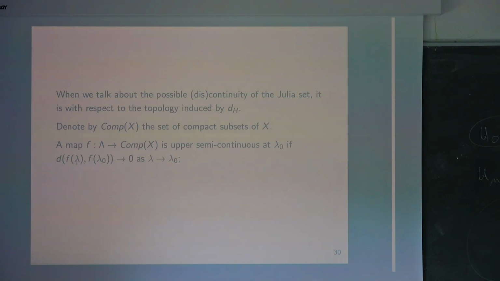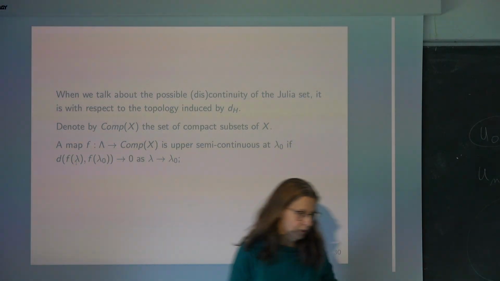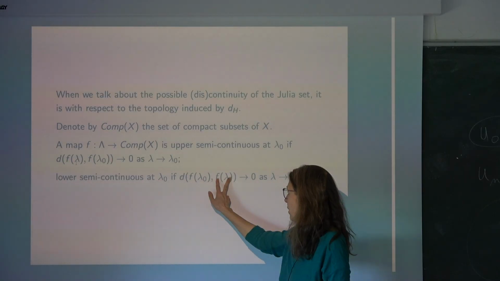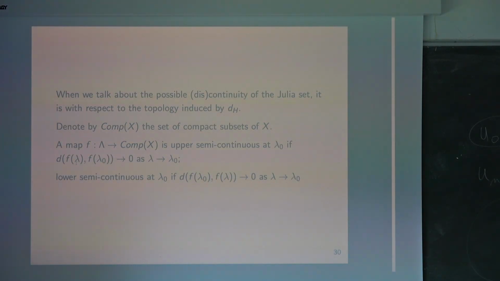You have continuity with this semi-distance where the set is varying on the right, on the left, and lower semi-continuity if the varying set is on the right.